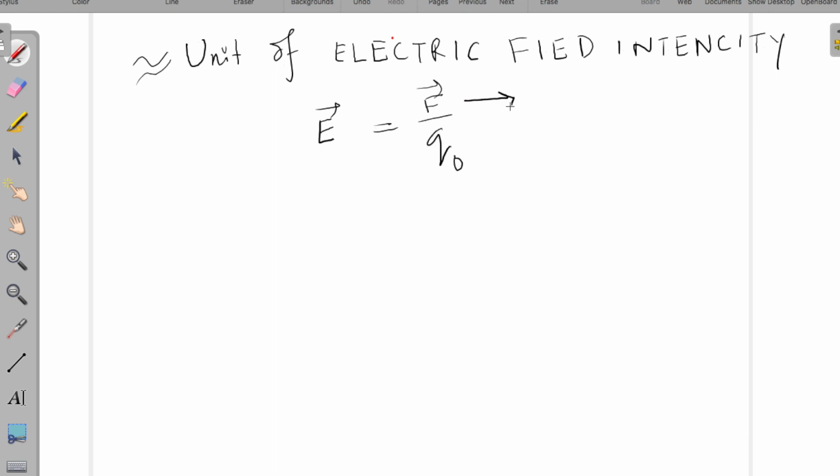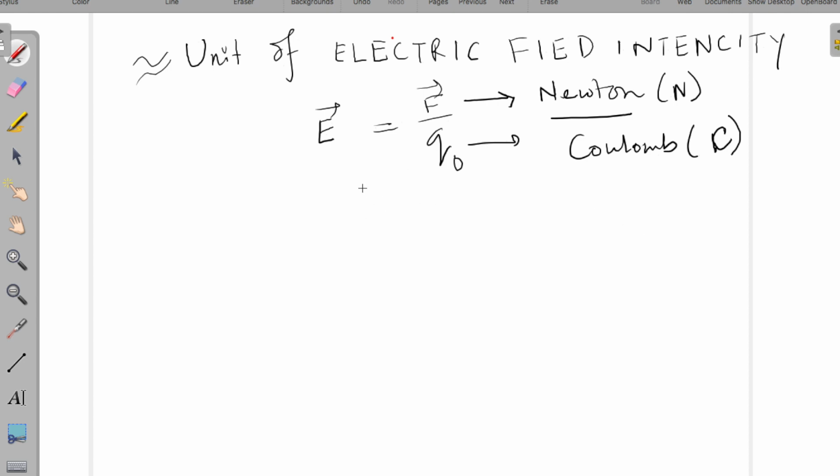The unit of force F is Newton, capital N, and the unit of charge is Coulomb, capital C. So we can see that the unit of electric field intensity is Newton per Coulomb. So this is the unit.